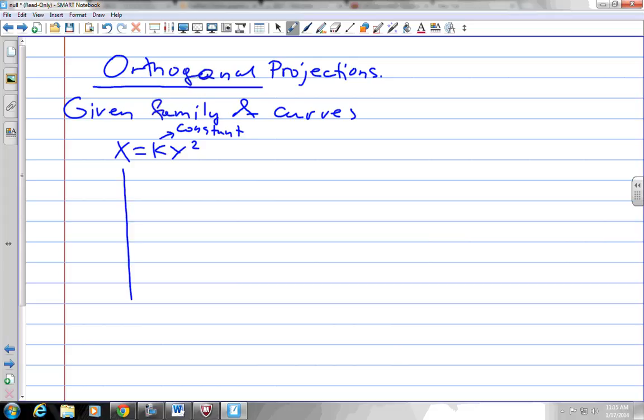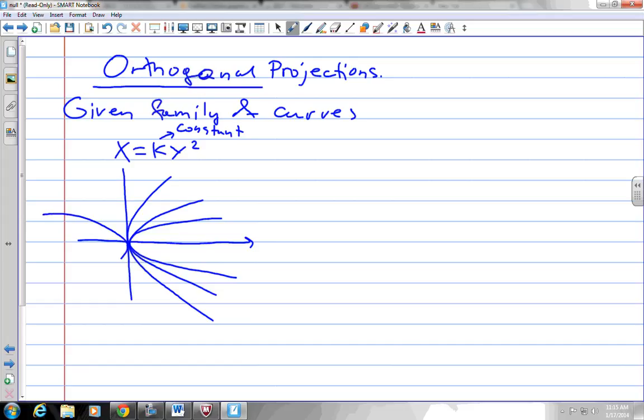Depending on the value of k, if k is positive, you'll get something like that. If k is bigger positive, you'll get something like that. If k is smaller positive, you'll get something like that. So all possible parabolas facing that way, but if k is negative, you're going to end up with parabolas facing that way. It's a funny little picture.